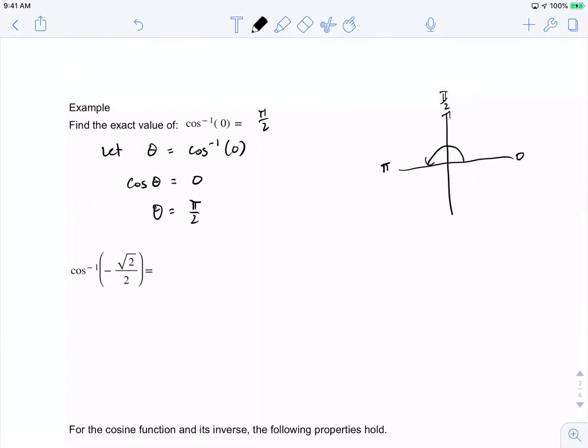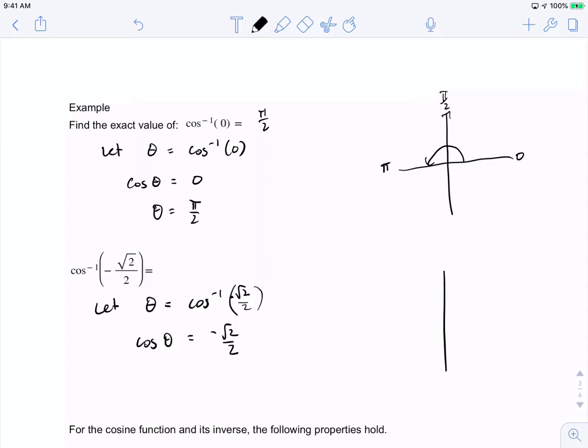All right, our next example, it's cosine inverse of a negative square root of 2 over 2. If theta is equal to cosine inverse of negative radical 2 over 2, then cosine theta is equal to negative radical 2 over 2.